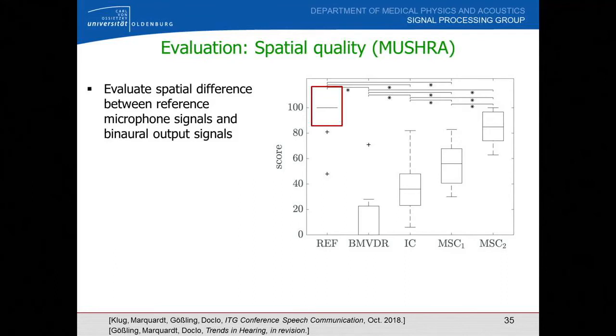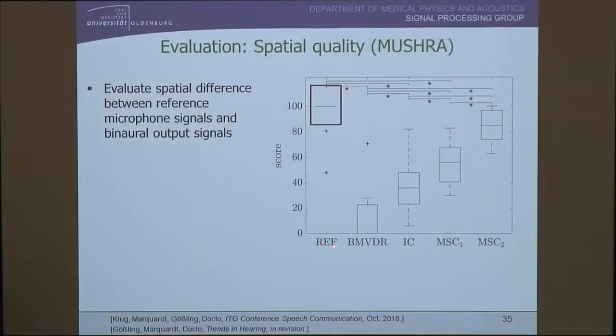So let's first look at the spatial quality. There we just ask the subjects to rate the spatial difference between the reference input signals and these output signals. They were not highly trained subjects, but at least they were students, so they know what is meant if you say rate spatial difference. You can first see that the hidden reference is most of the time correctly identified.